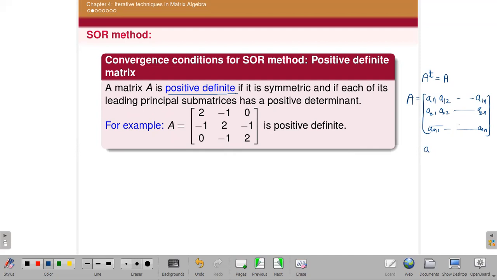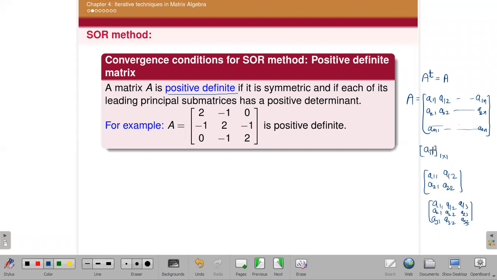The first matrix is A11, of 1 cross 1 order, and the second is of 2 cross 2 order, A11, A12, A21, A22. Then the third, we take three rows and 3 columns, A11, A12, A13, A21, A22, A23, and then A31, A32, A33. So these are the principal submatrices.